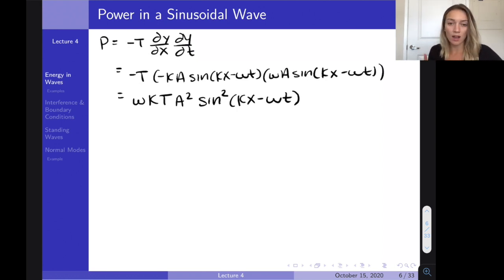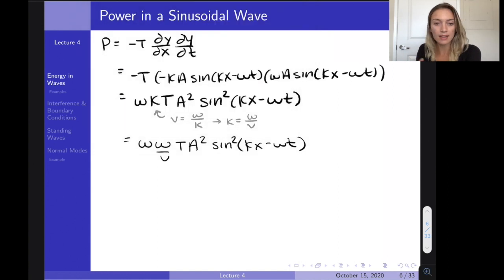All right, and now I'm going to replace k. So remember that the velocity is equal to omega over k. So I'm going to replace k with omega over the velocity. And now I'm going to replace the velocity with, remember for our velocity on a string, it's equal to the square root of the tension divided by the mass per unit length.